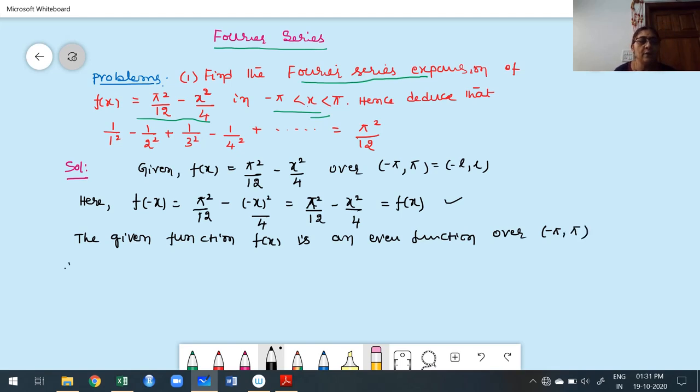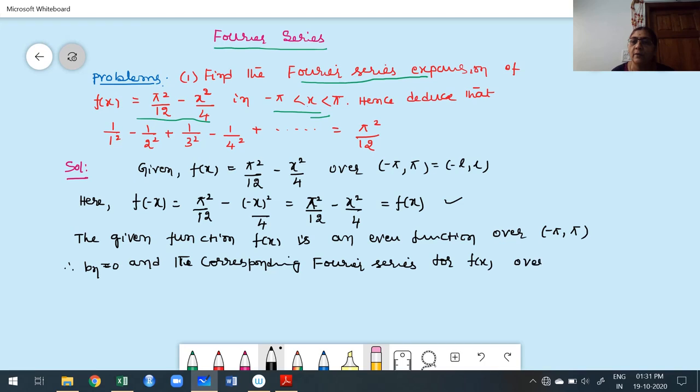Therefore, Bn is equal to 0 and the corresponding Fourier series for f of x over minus pi to pi is, okay.